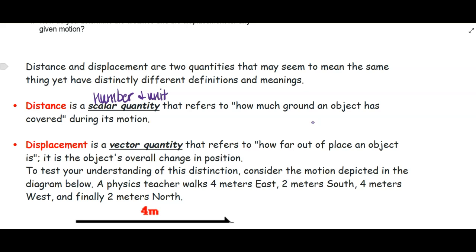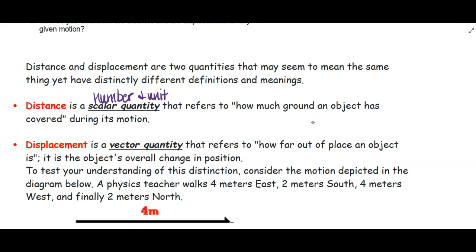So for us, that was like 3.0 meters, 4.0 meters, etc. But it's a number and a unit that refers to how much ground an object has covered during its motion. How far a bicycle went. How far an object went.